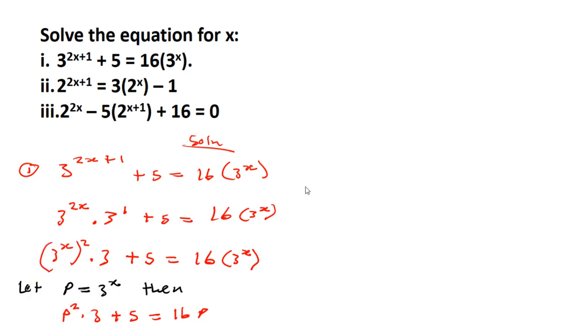So after you do that, your next step should be solving this. So you can simply say p squared times 3, which is just 3p squared. And then this one can go to the other side, so it's going to be 16p, and then that 5 will still be the 5 the way it is, so plus 5, and it should be equal to 0.